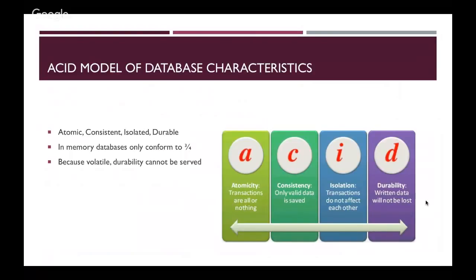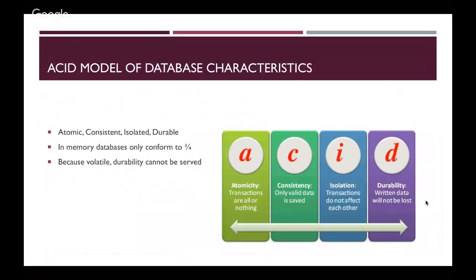So the ACID model of database characteristics is basically just a mnemonic device used for the characteristics that a database should have. ACID stands for atomicity, consistency, isolation, and durability.